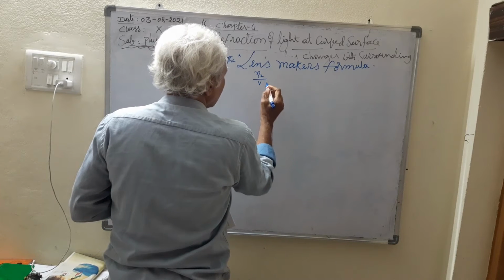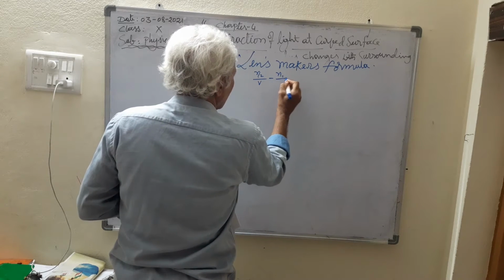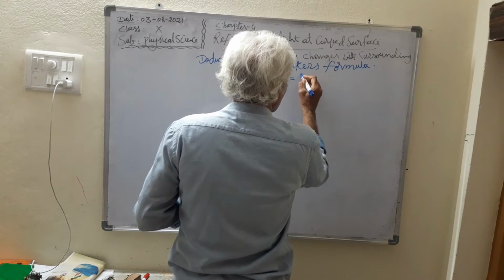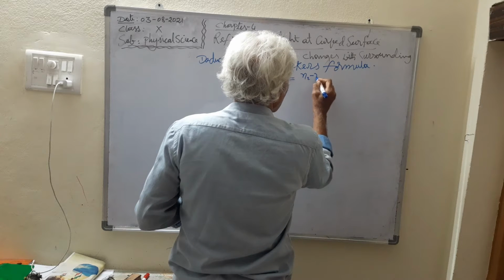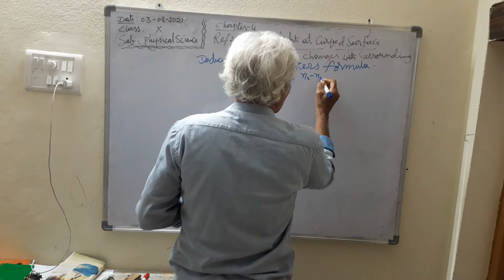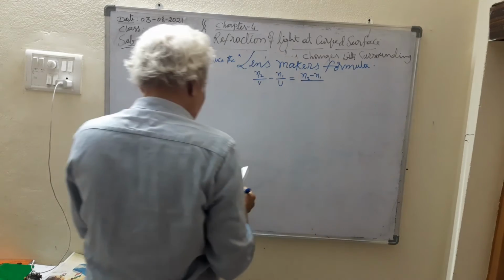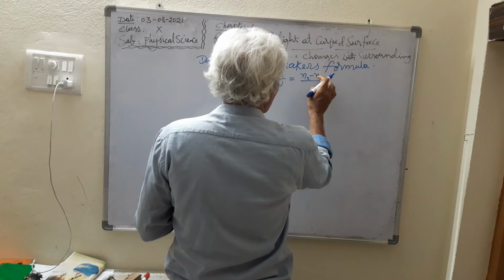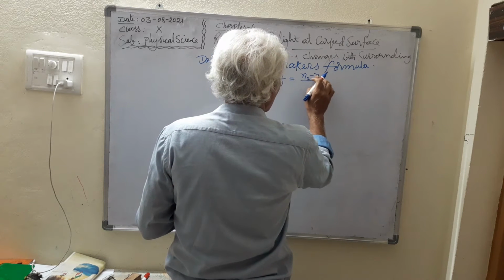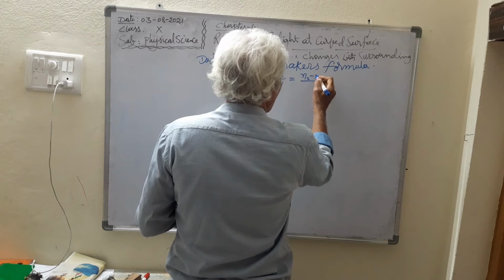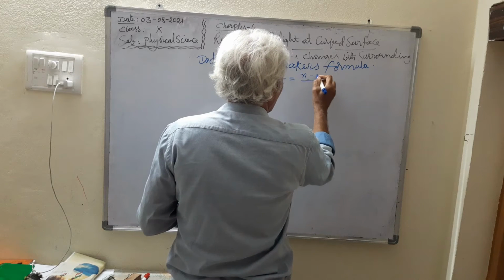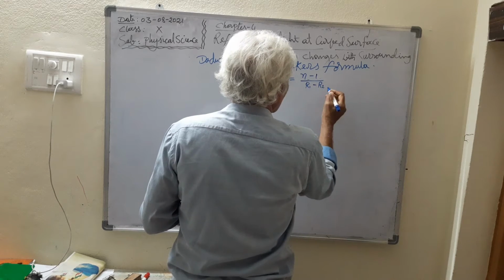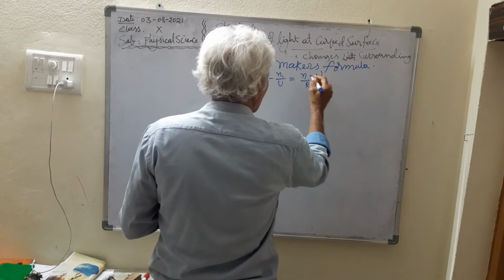n2 by v minus n1 by u is equal to (n2 minus n1) by R. Here n1 is taken as the air medium, which is 1. So the formula is (n minus 1) times (1 by R1 minus 1 by R2).